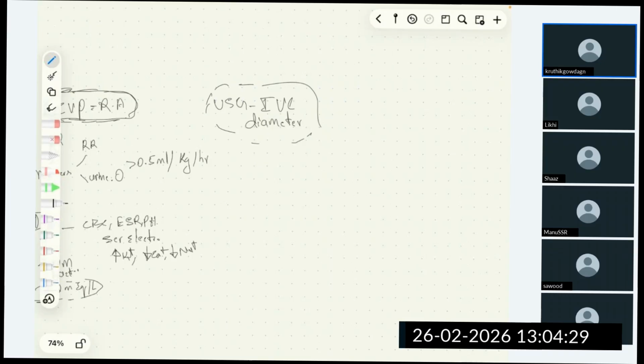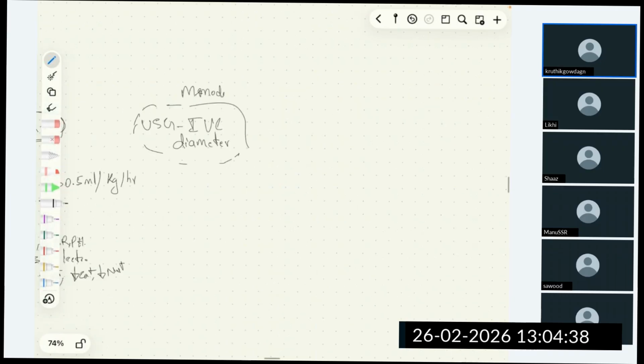So using M mode in ultrasound, we'll do the measurement of the IVC, inferior vena cava, diameter. If it is less than 10 mm, the patient needs proper fluid therapy. If it is more than 25 mm, it means there is fluid overload.